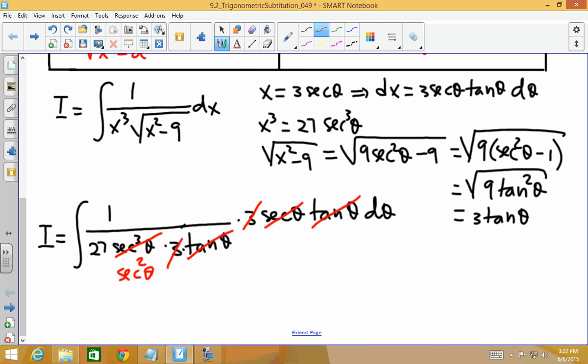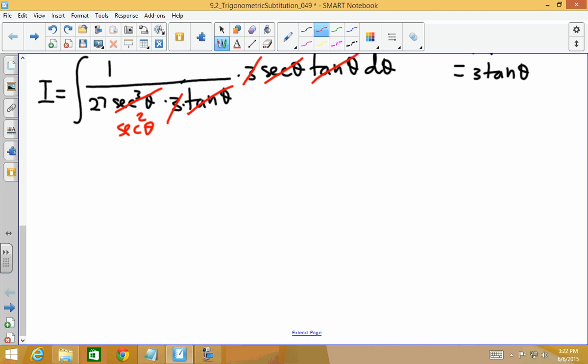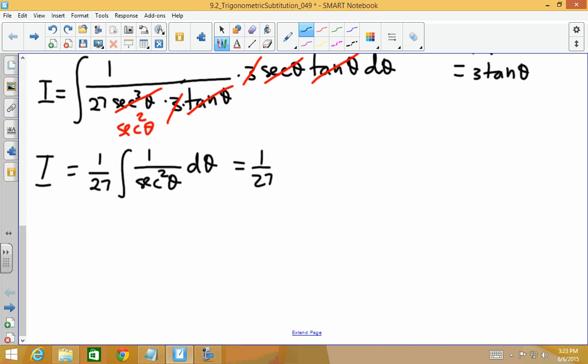Now this form leads us to 1 over 27 times the integral of 1 over secant squared theta d theta. These are the only things you were given to integrate. So that is I, 1 over 27. Now, the reciprocal of secant squared is what?